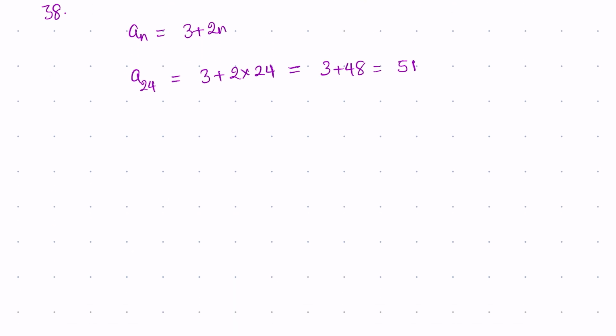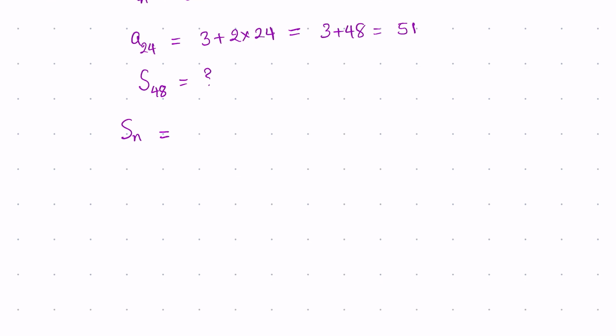Next, we need to find the sum of the first 48 terms. So S48 is equal to what? Okay, so Sn is given by n by 2 times a1 plus an, right?